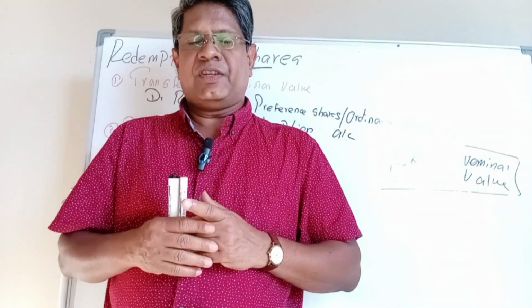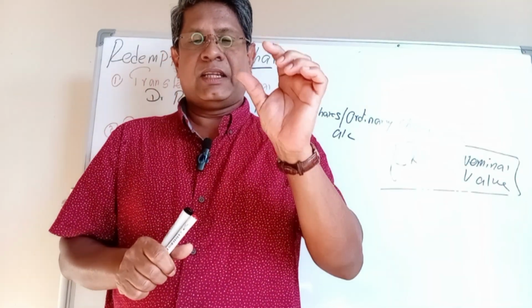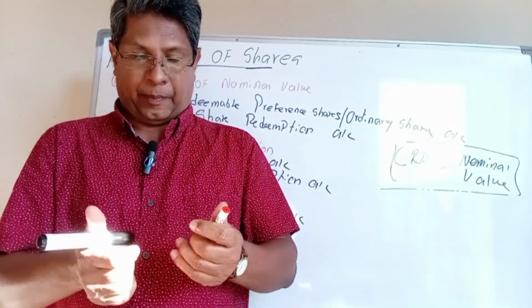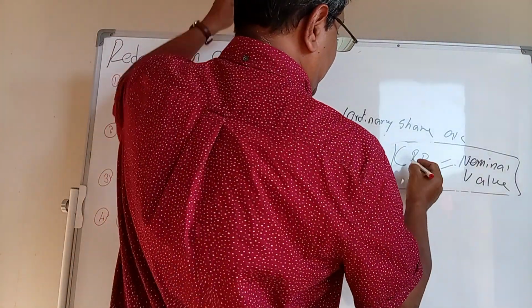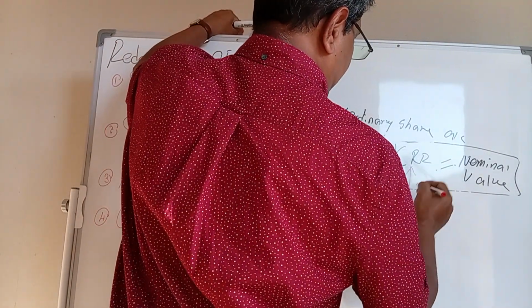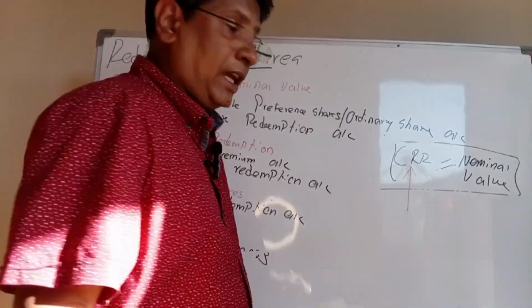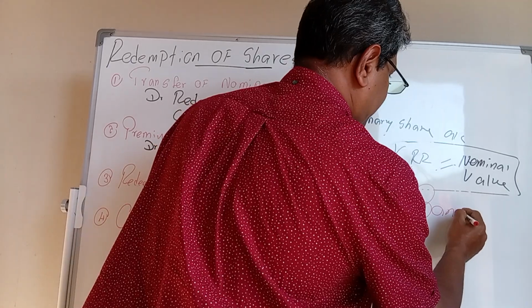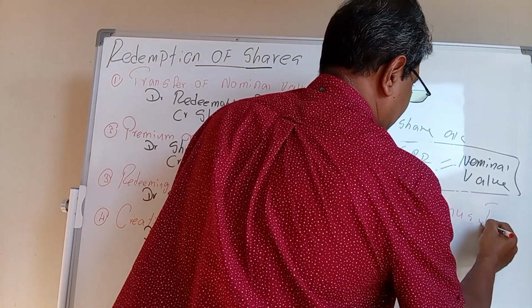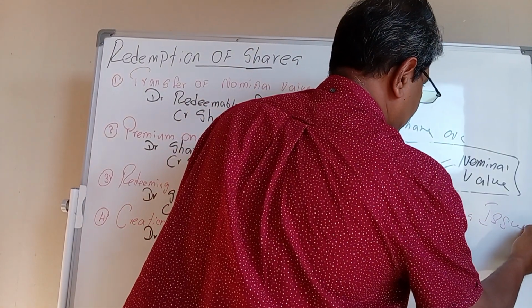The capital redemption reserve is a capital reserve. One of the main uses of the capital redemption reserve is that we can use this for a bonus issue of shares.